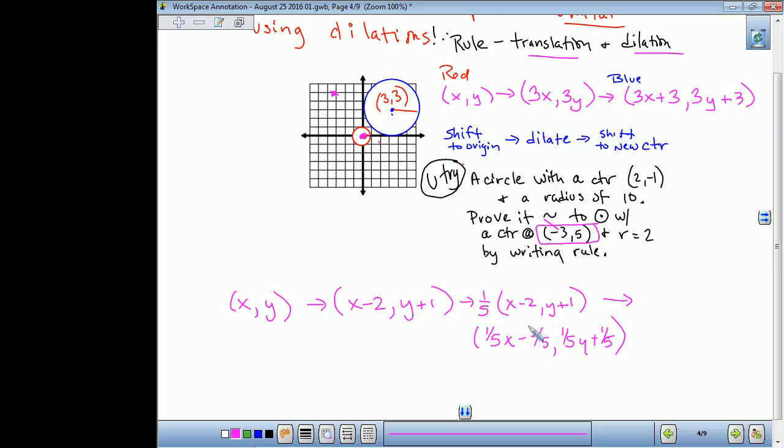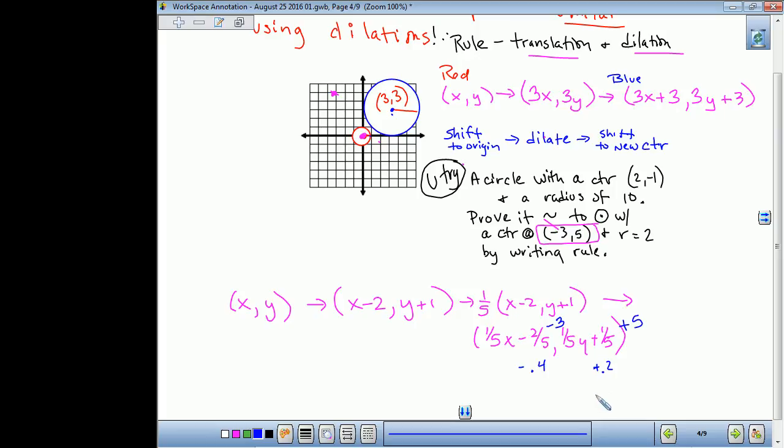What can I do to this to get to -3, 5? X minus 3 and y plus 5. Okay, some of us don't like fractions. I'm cool with that. If you don't like fractions, think of this as -0.4 and think of this as +0.2.